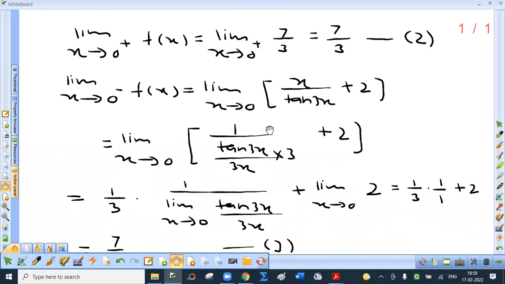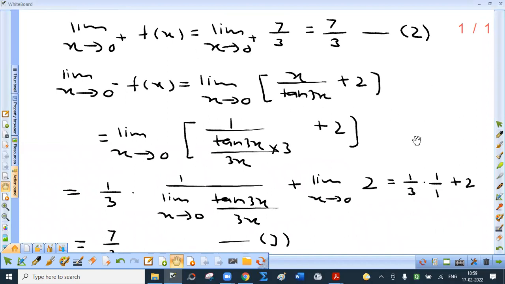Here I have omitted one step. Divide numerator and denominator by x. Actually, we should mention the reason also. x only tends to 0, x is not equal to 0, because we have divided numerator and denominator by x. The angle must be fully repeated. So though it is x, I have written 3x to make it balanced into 3. Limit of a constant is constant.